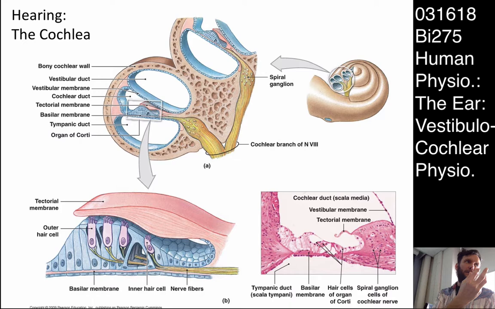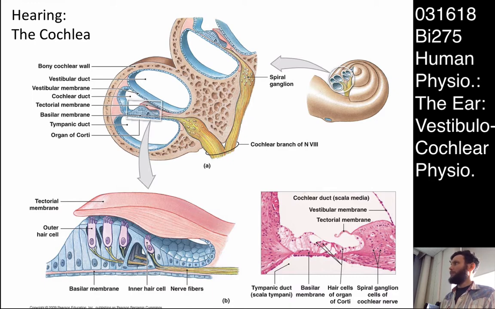We'll take a closer look at what a hair cell is in a moment, but they spiral around. There's just a long chain of them that spirals around the whole length of the cochlea. And then hanging right above them is this tectorial membrane.